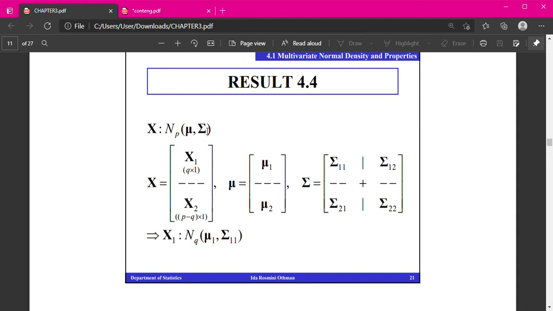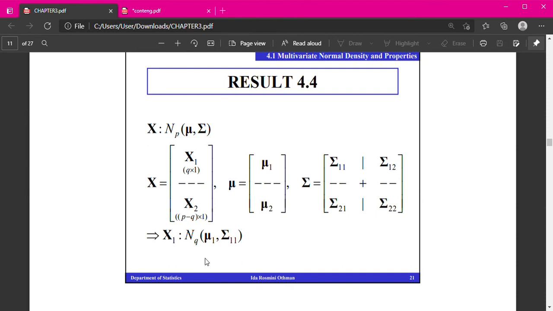Ada mean dan juga variance covariance matrix. So, kita partitionkannya kepada dua. So, kat sini will be the X1. Maksudnya ada satu group X. X2 ada satu lagi group X. Okay. So, sama juga we can partitionkan its mean dan juga its covariance. Kan? Kita boleh separatekan dia.